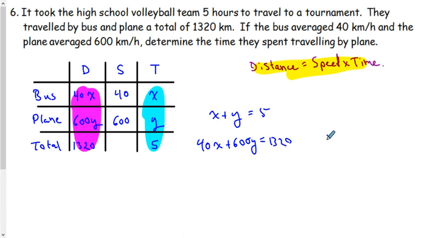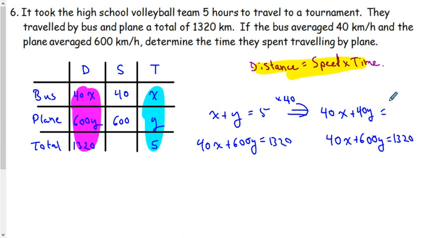I'm going to rewrite my equation number 2. Now, how can I change equation number 1 in order to be able to cancel some stuff out? Well, I could multiply by 40. I'd have to do it to everything on both sides. So I would now have 40x, and I would have 40y, and 5 times 40 would be 200.